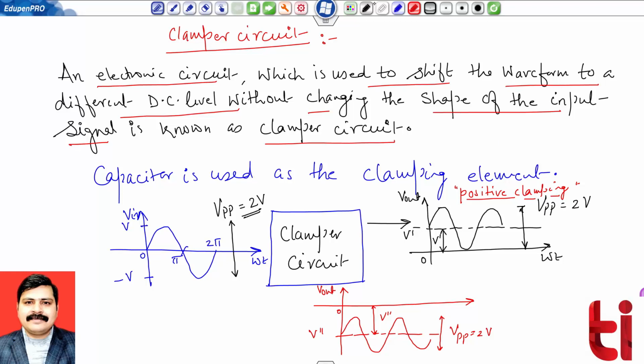Such type of signal is known as negative clamping. So two types of clamping are possible, either positive clamping or negative clamping, and we have to study these two types of clampers.